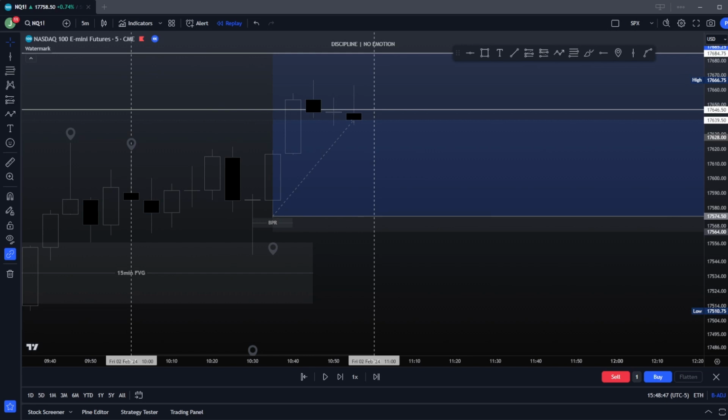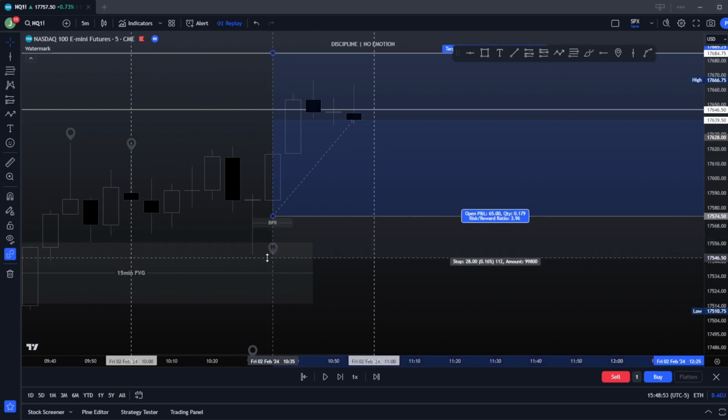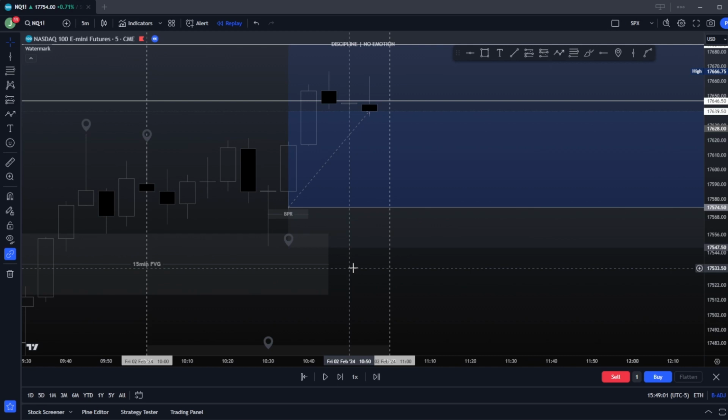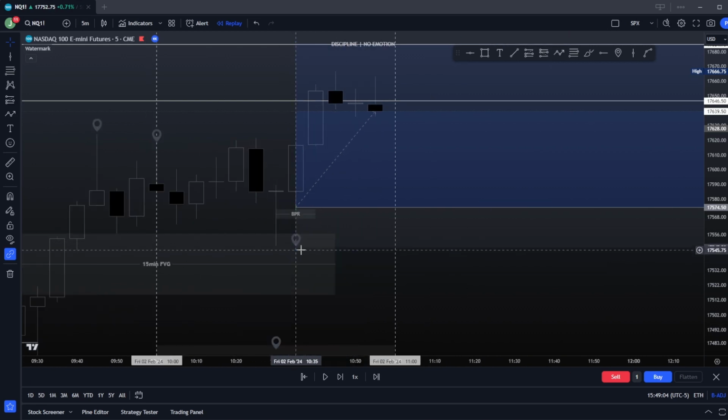Because yeah, you can have good trades, but the trading plan tells you where to place your stop. If you don't place it there, you lose a lot, because the stop is there for a reason, right?